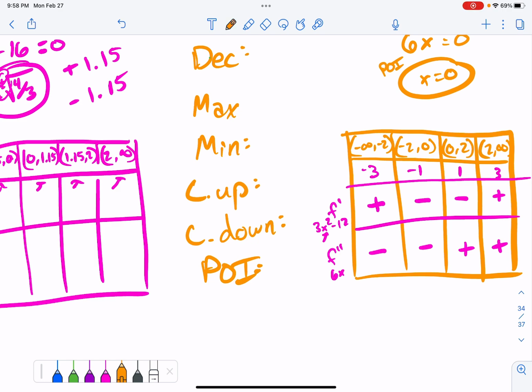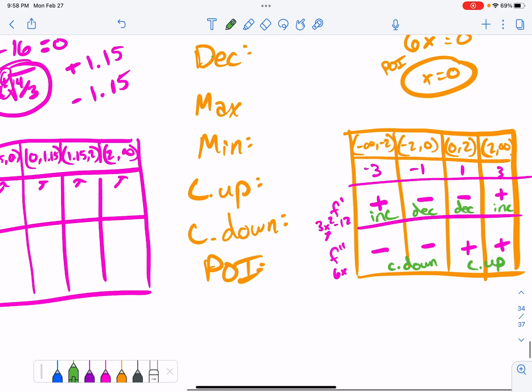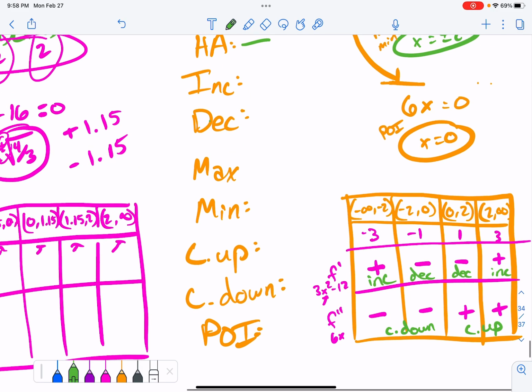This tells me he's increasing, then decreasing, then increasing. Here he's concave down, here he's concave up. So I'm going to write down those intervals. Increasing from negative infinity to negative 2, and also from 2 to infinity.